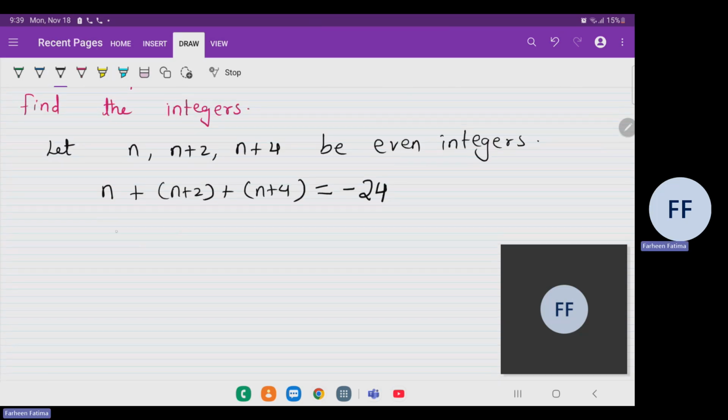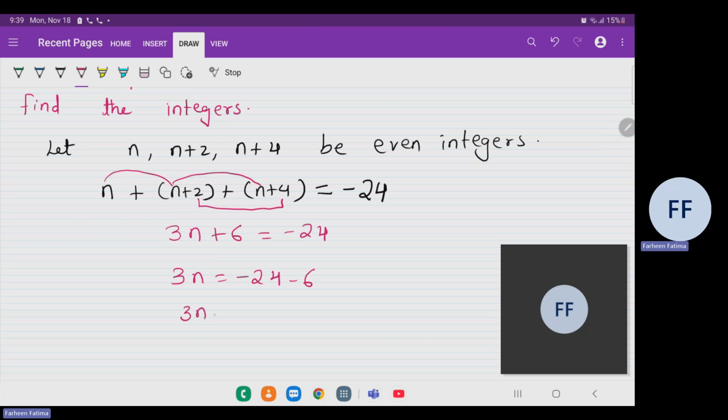How many n's do you have? 1, 2, and then 3. It is 3n, and 2 plus 4 gives you 6, equal to minus 24. So 3n equals minus 24, and the 6 goes to the other side and becomes minus 6.